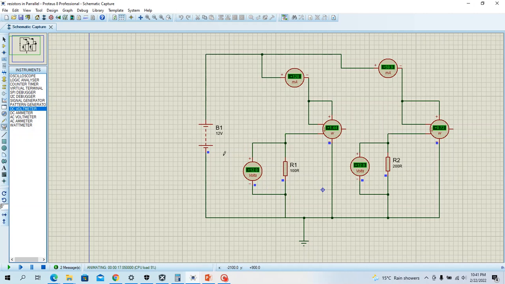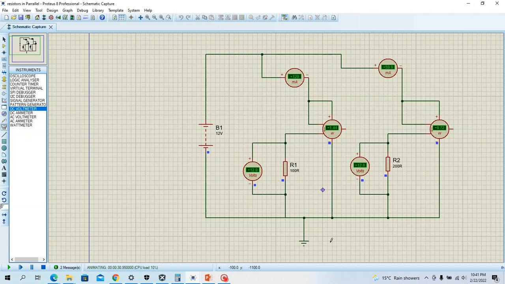The voltage across this resistor and this resistor is the same, because in parallel circuits the voltage across each resistor is the same.